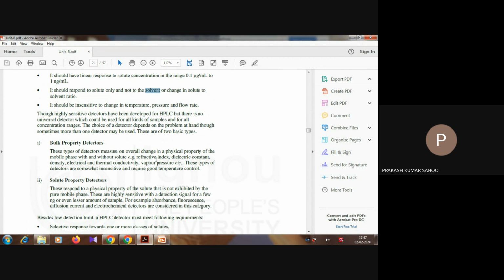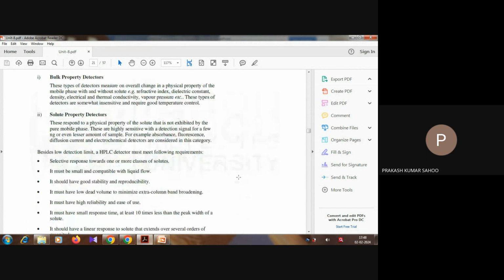Examples: refractive index, dielectric constant, density, electrical and thermal conductivity, vapor pressure, etc. These types of detectors are somewhat insensitive and require good temperature control. So this is all about the bulk property detector, which is nothing but the overall change in physical property. It may include refractive index, dielectric constant, density, conductivity, vapor pressure, etc.